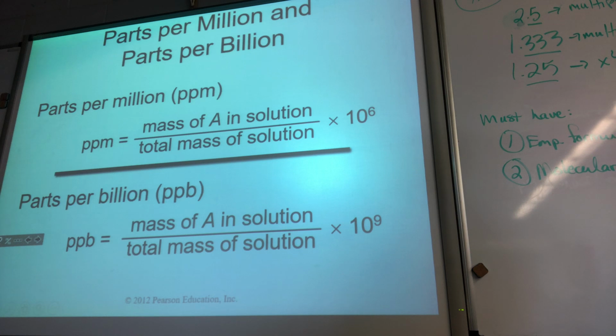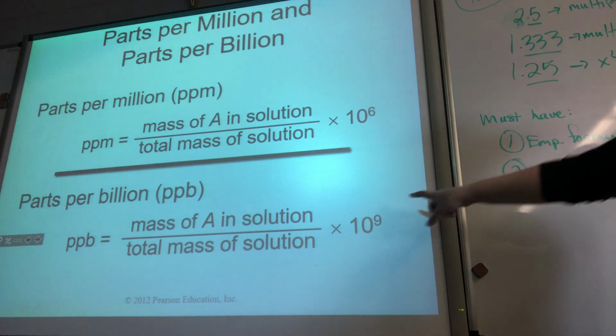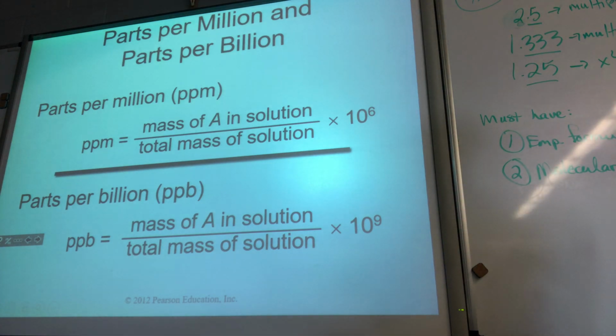Is this PowerPoint on campus? Not right now. It's not available to you right now. It will be. Was that what you were trying to ask me earlier? Okay, sorry. I completely forgot that. Yes, ma'am? What's the number for parts per billion? 10 to the 9th. Sorry. Okay.